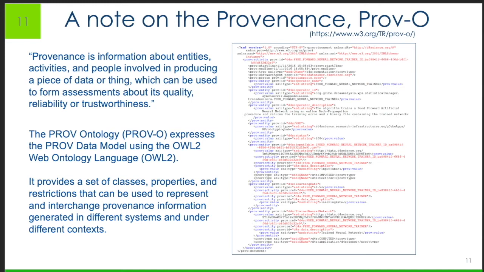It is an ontology that expresses the provenance data model using the OWL2 language, the Web Ontology Language. So it provides a set of classes, properties, and restrictions that can be used to represent and interchange provenance information generated in different systems and under different contexts.